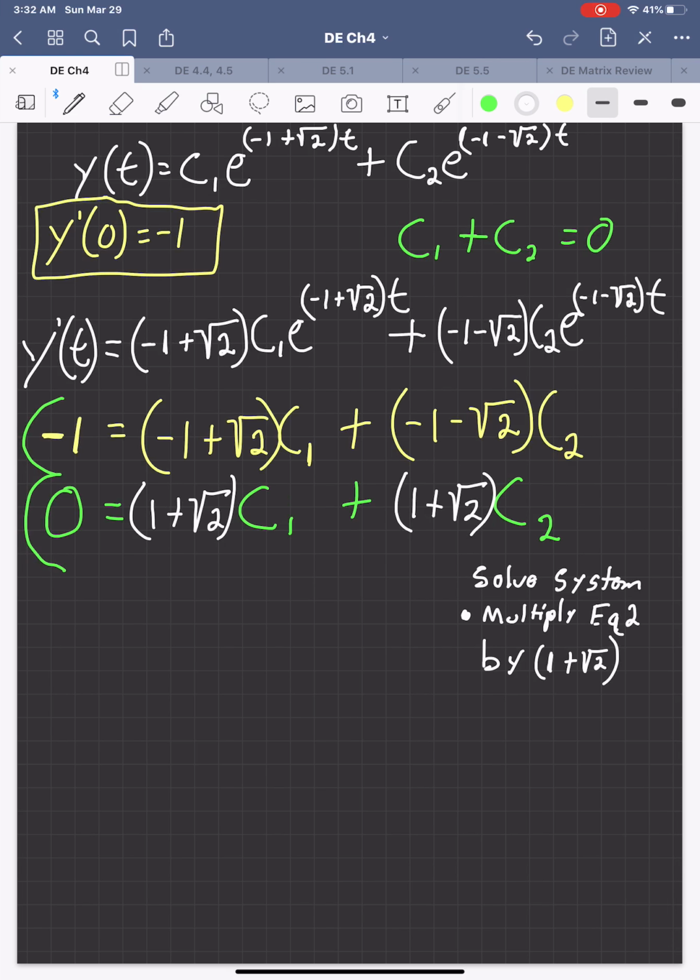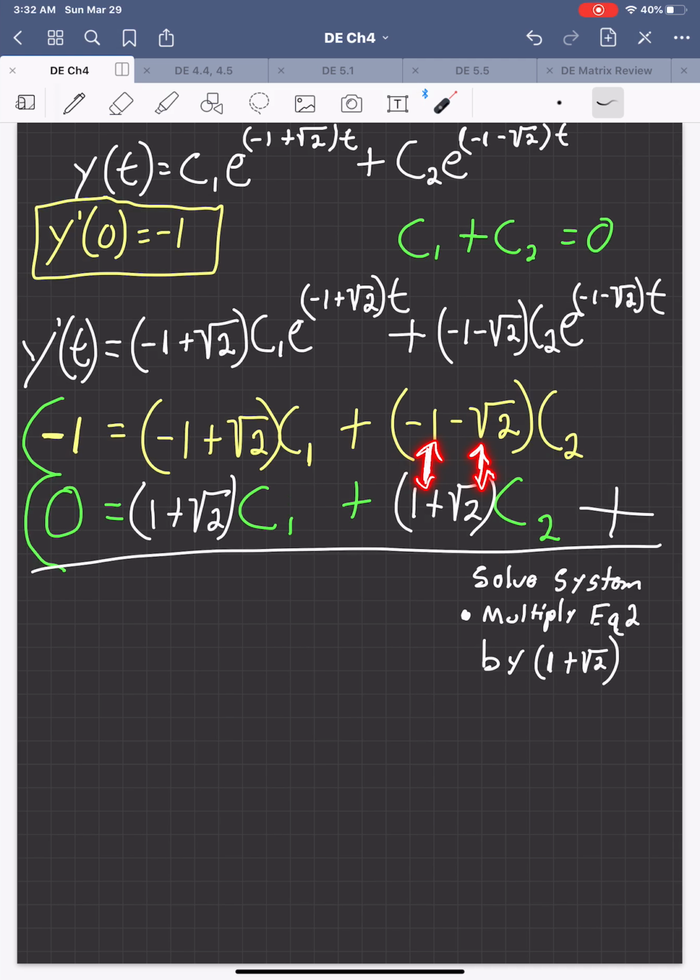So are you with me that when you add those, the -1 and the positive 1 are going to zero out, and the negative square root of 2 and the positive square root of 2 are going to zero out. That leaves you with the canceling of c sub 2.